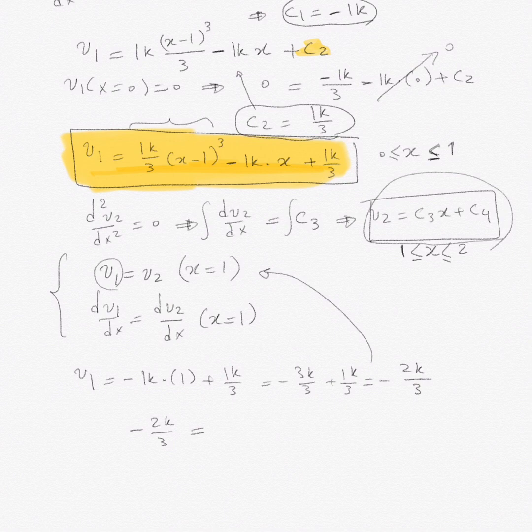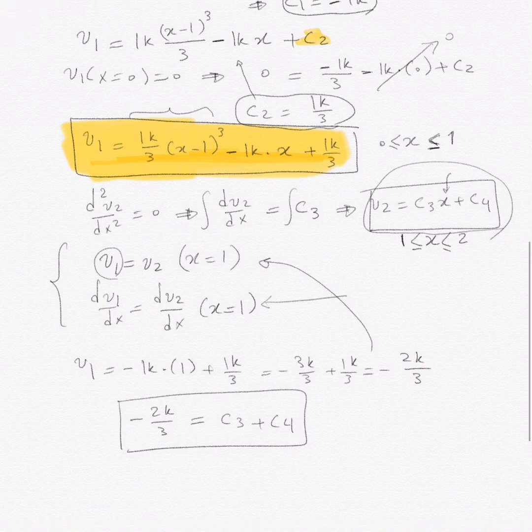My x is equal to 1. So I have C3 plus C4, because x right here is equal to 1. Right? So I have this equation. Can I solve it for C3 or C4? No. I need to have the extra equation, which is this equation right here.